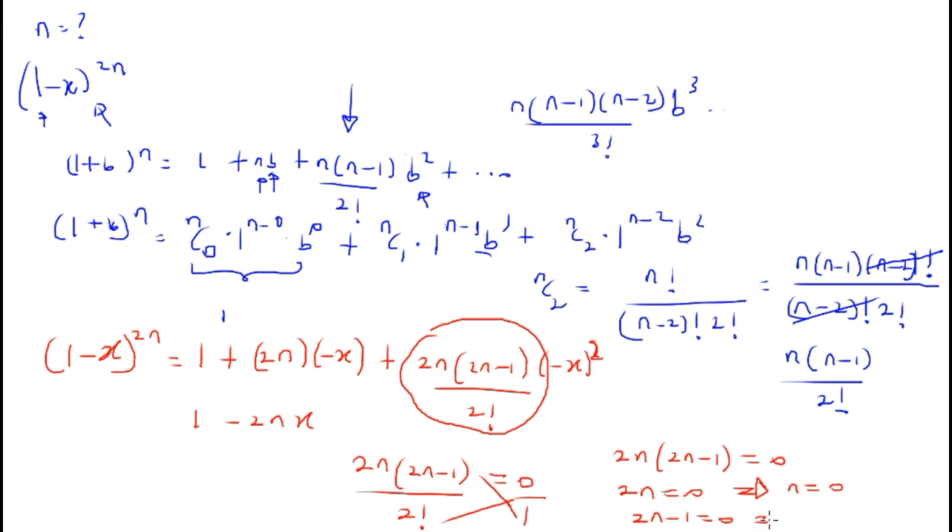From the second equation, if 2n-1 is equal to 0, I add 1 to both sides so that 2n equals 1, and divide both sides by 2 so that n is equal to half. So those are the values of n in which the coefficient of the third term in the expansion of this binomial is equal to 0.